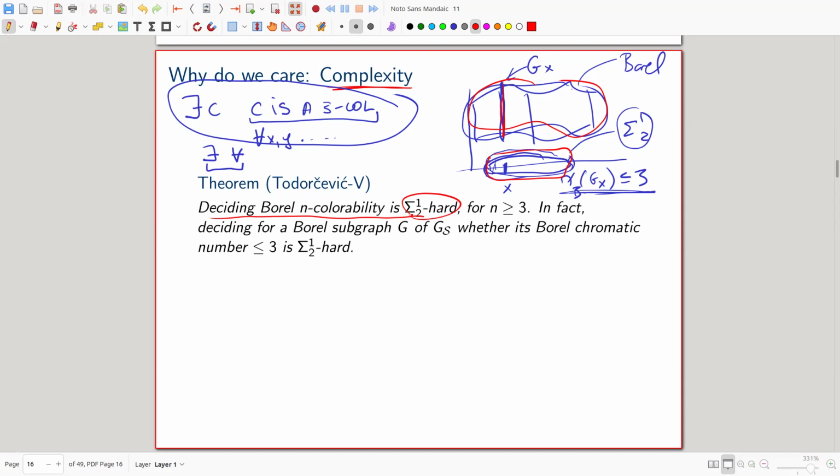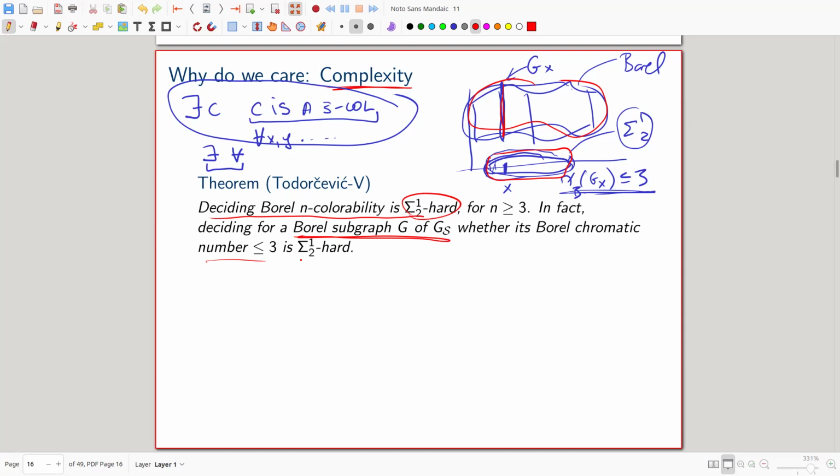But this is what we expect. In particular, it turns out that for Borel subgraphs of the shift, it's already hard to decide whether their Borel chromatic number is less than or equal to 3. So there is already this gap: deciding between whether a graph has infinite Borel chromatic number or 3 is already a sigma 1, 2 hard thing.